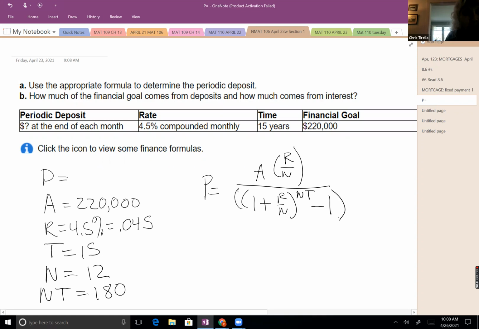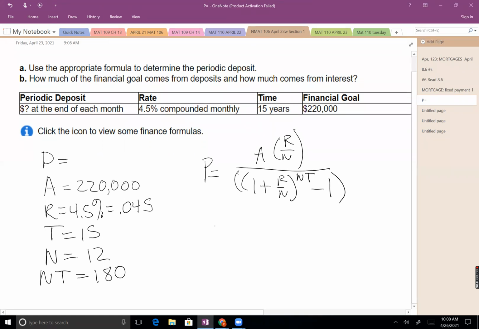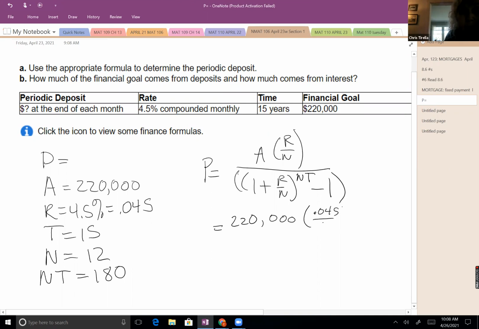With me so far? Yes. And so substituting it then, this is 220,000 times 0.045 over 12, over parentheses, 1 plus 0.045 over 12 to the 180th, minus 1.